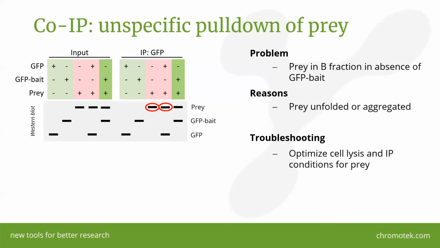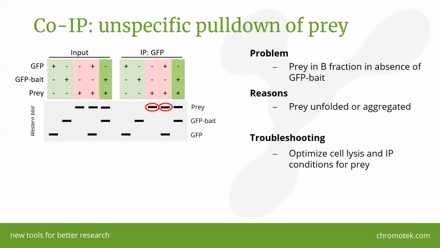Why is there prey protein detectable in the negative control? We assume that normally prey should be unfolded or aggregated so that it binds to the beads in a non-specific way. The solution, again, you have to optimize the conditions for prey. Test different cell lysis buffers and binding buffers.